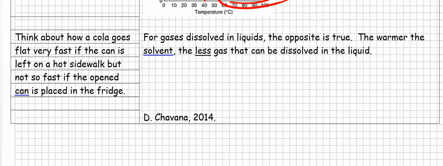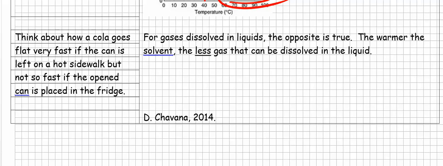So the point is this: as temperature increases, solubility increases. That's the rule. There are a few exceptions. Now, for gases dissolved in liquids, the opposite is true. The warmer the solvent, the less gas that can be dissolved in the liquid.